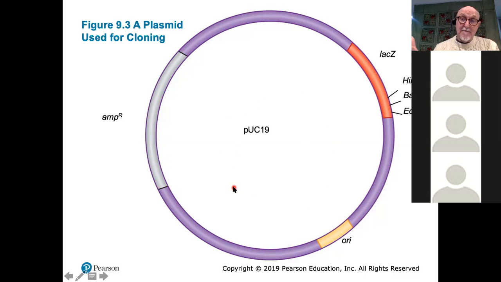That's a really useful trait, because if we insert this into a bacterium that is not naturally resistant to ampicillin, we can use an ampicillin plate to select bacteria that have successfully taken up this plasmid. It's a very good way of selecting bacteria that have been successfully transformed. Give them a gene like ampicillin resistance that they do not normally have, and then test whether they have acquired that trait.